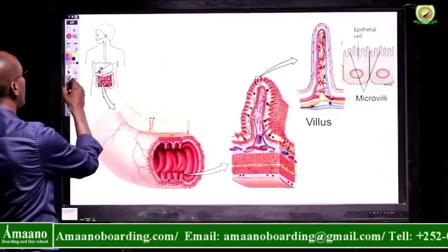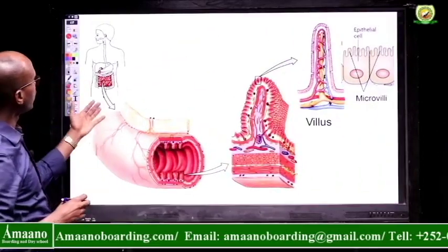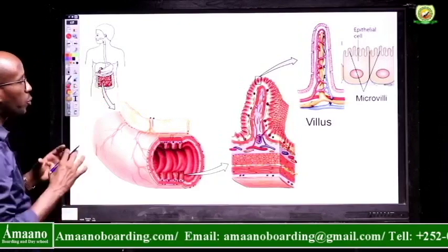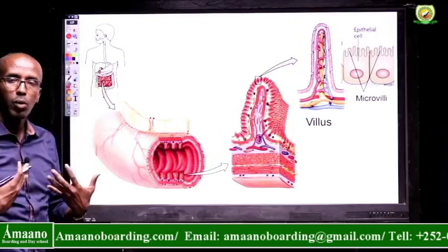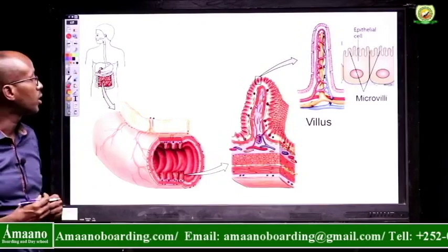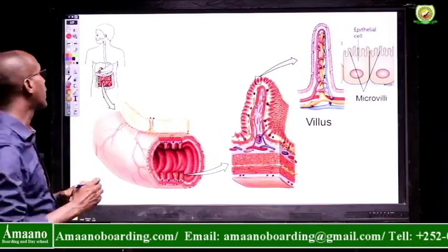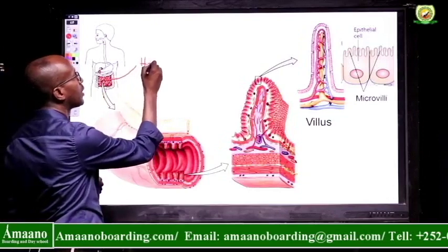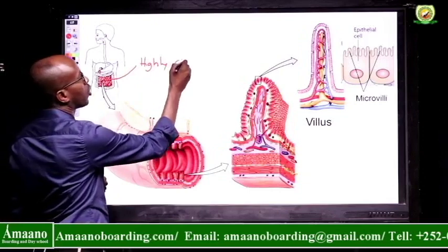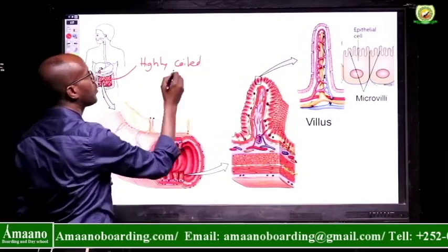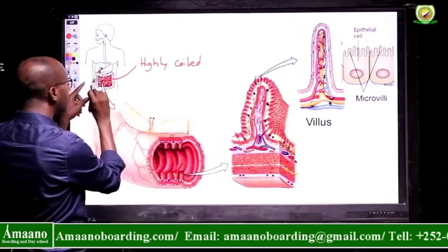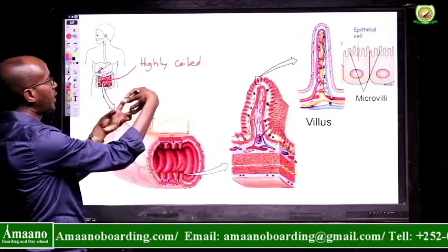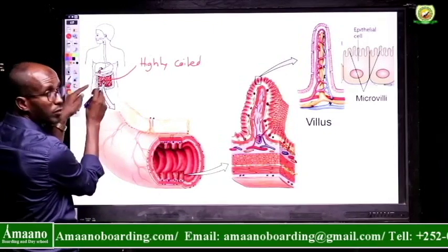Here is the human small intestine. We need to understand what gives the small intestine a very large surface area. Number one, as you can see here, it is highly coiled, which means the space is very small, but since it's highly coiled, it can fit into this very small space.